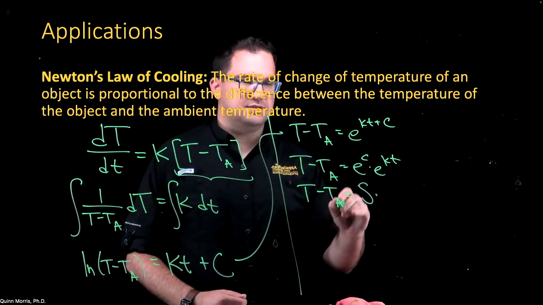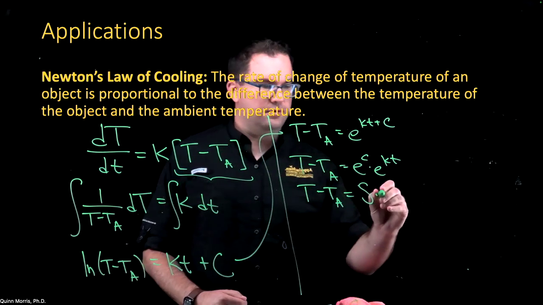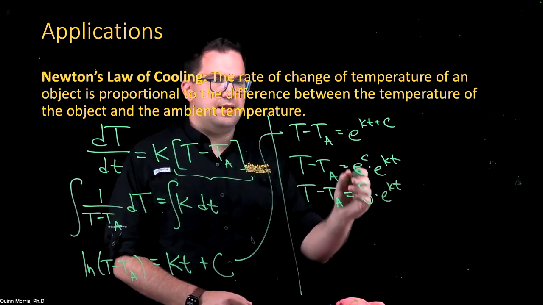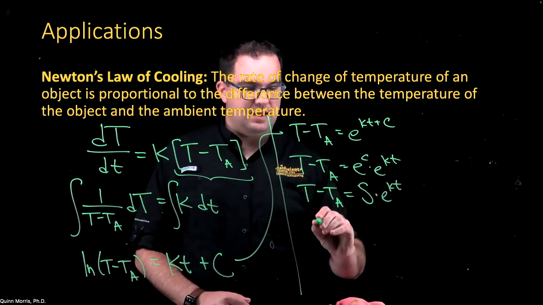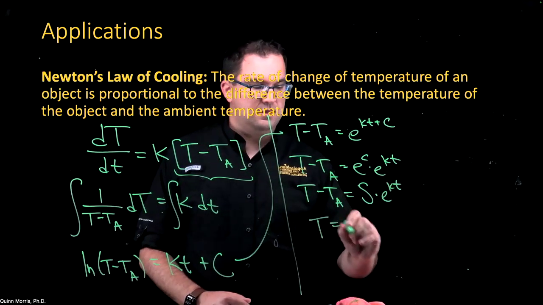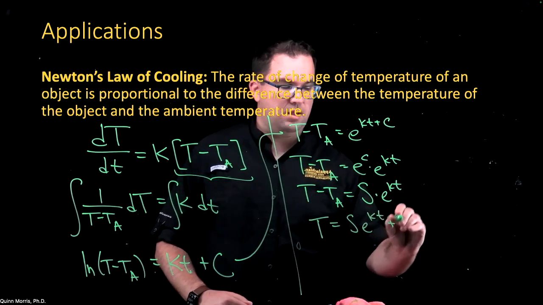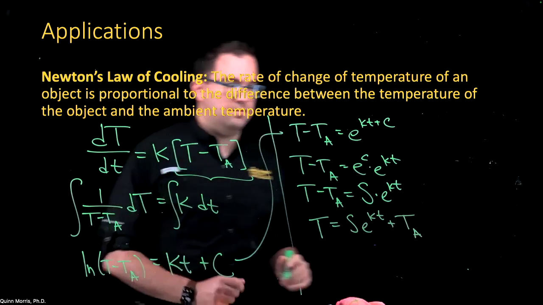I'm not going to use A because it might get confusing with the subscript here. E to the kt. Okay, but I'm just going to relabel e to the C as S, and then I'll get that T is equal to S e to the kt plus T sub A.